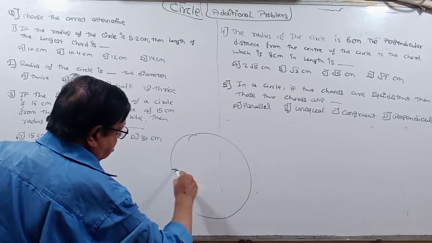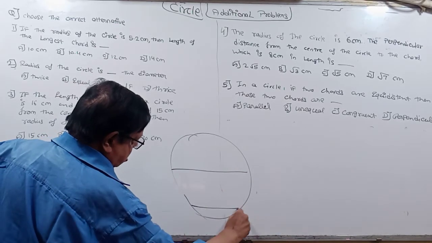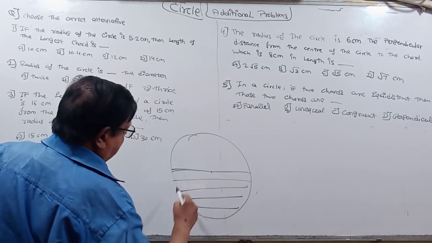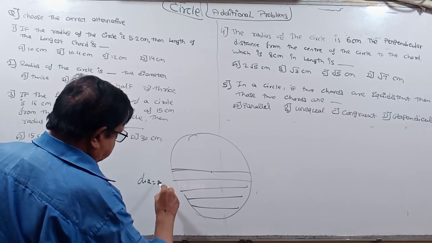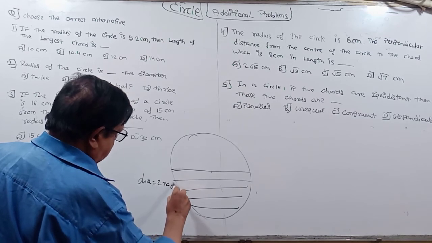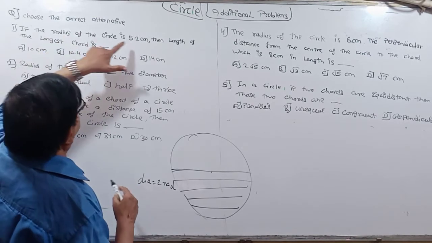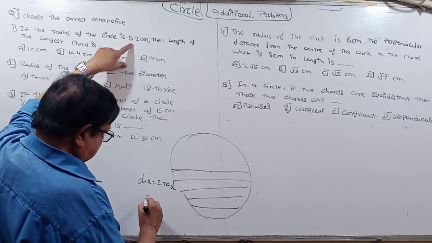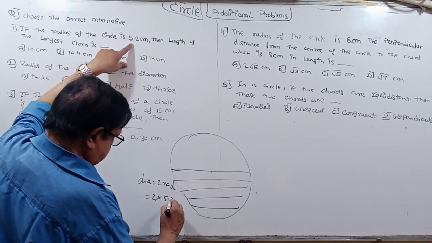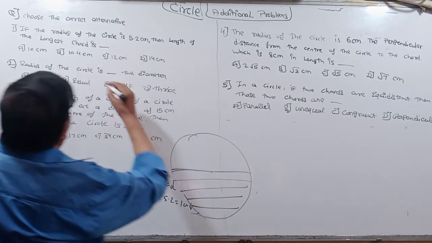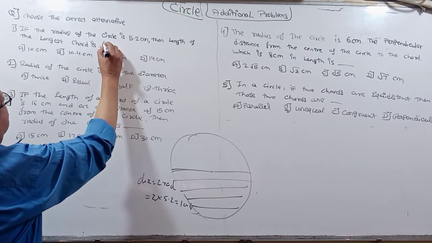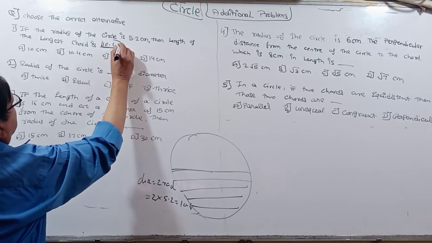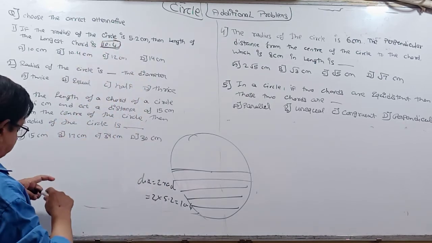Radius is given as 5.2, so diameter equals twice the radius, equal to 2 into 5.2 equals 10.4. The longest chord is 10.4.